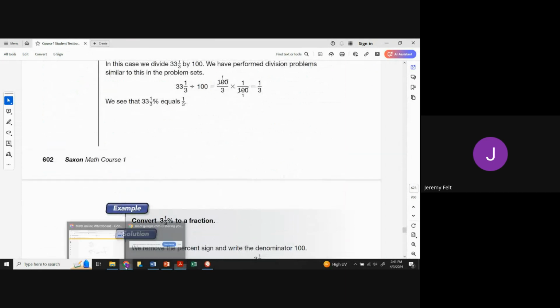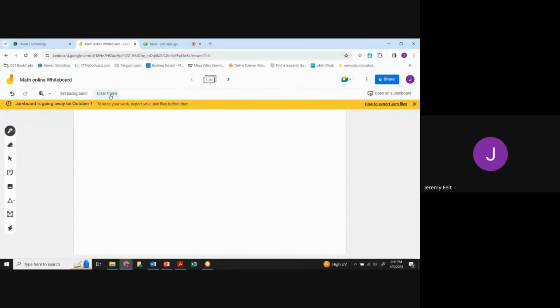So now let's say we have 3 and a third percent, so per 100. Now we're going to multiply by 1 over 100, because dividing by 100, with fractions, is multiplying by the reciprocal: keep, change, flip. Let's start back here.